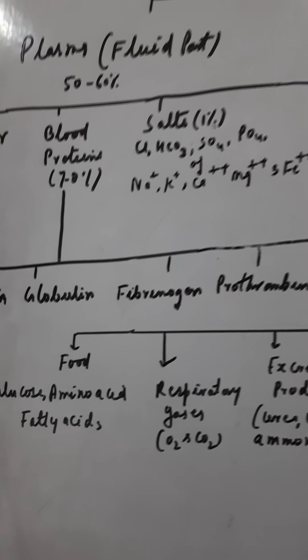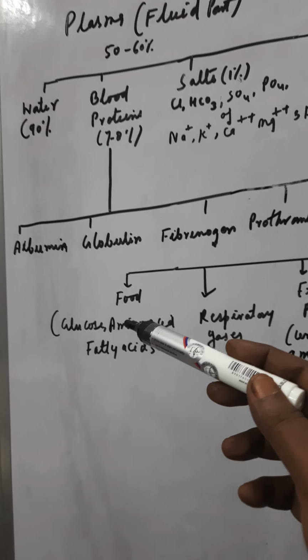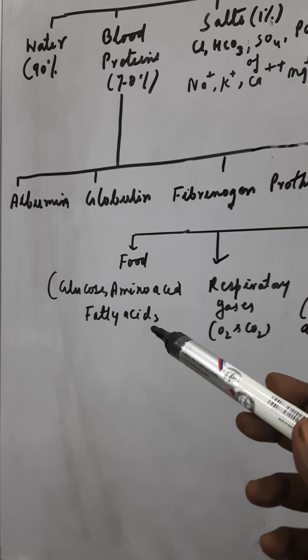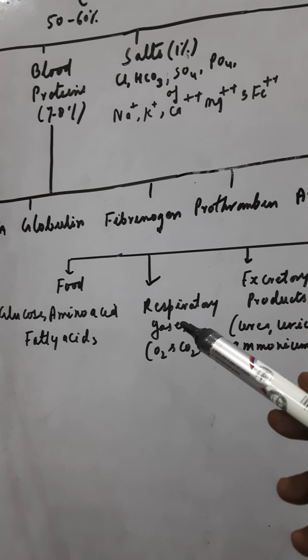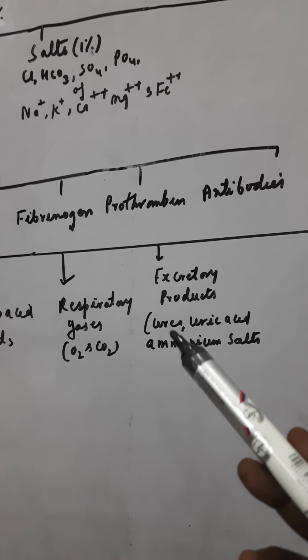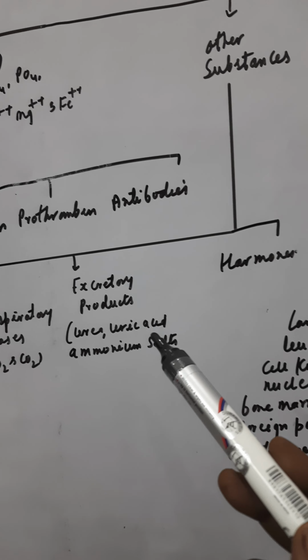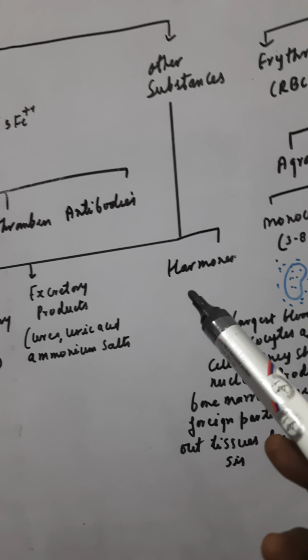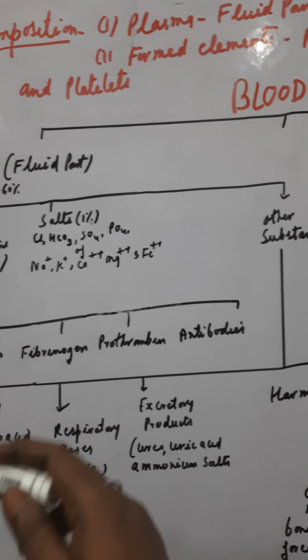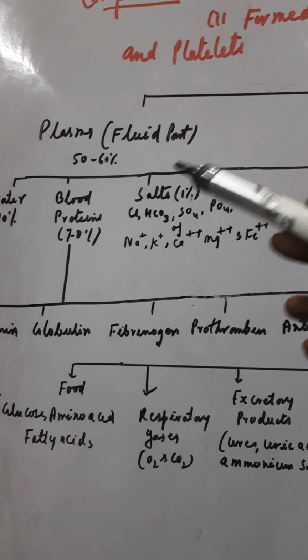Now other substances are food in the form of glucose, amino acids and fatty acids, respiratory gases, oxygen and carbon dioxide, excretory products, urea, uric acid, ammonium salts, and the hormones. These are also present in the plasma. So this is the composition of the fluid part of the blood, that is the plasma.